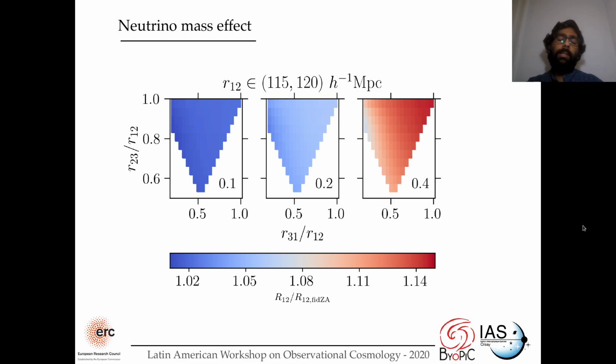The fiducial cosmology assumes a neutrino mass of 0 from the Quijote simulations. By taking the ratio, we see there is a shape dependence for these triangular configurations introduced by neutrino mass. This is quite good, because if we want to constrain cosmological parameters, this kind of shape dependence will be very helpful.